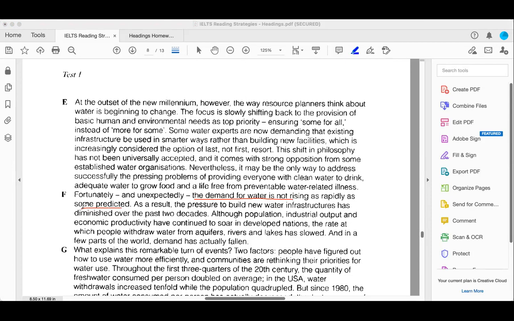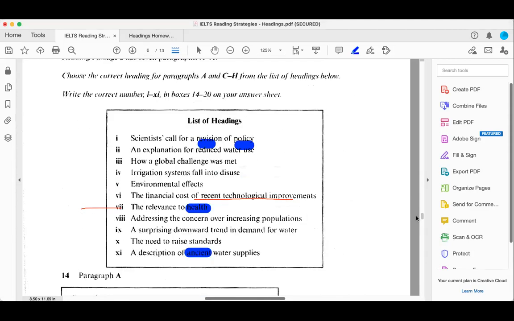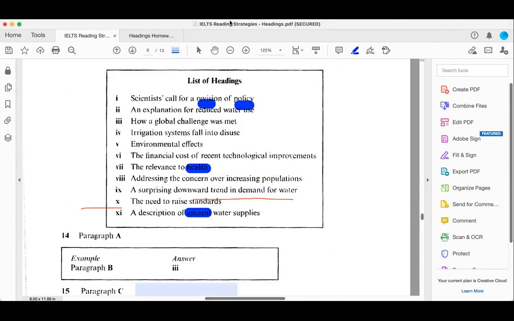So F is saying demand for water is not rising, right? Yes. It doesn't talk about scientists.